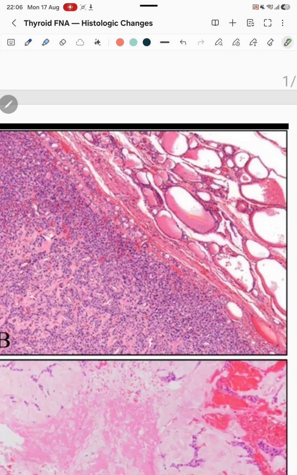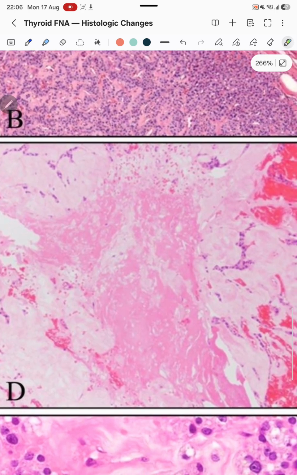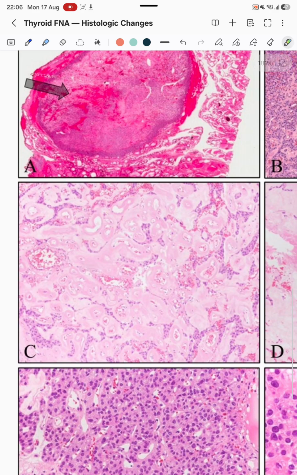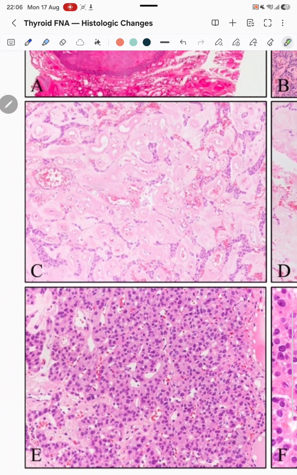Fibrosis, maybe, not too sure. This is fibrosis. This is a good fibrosis. If you see this, I think maybe he was stabbed with a needle in here. Okay, this is also fibrosis. I think that there is an amount of necrosis in here. Probably there is necrosis in here. Not too sure.